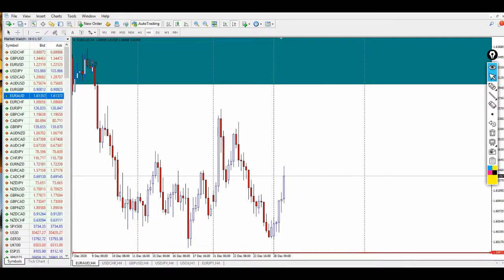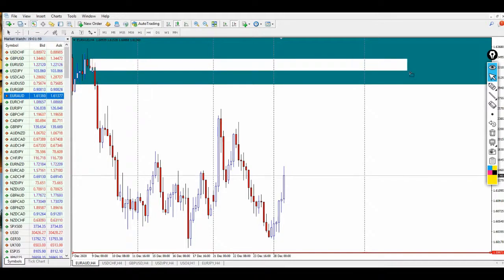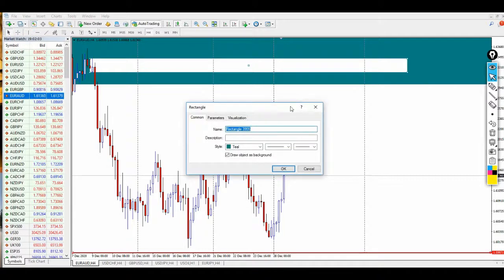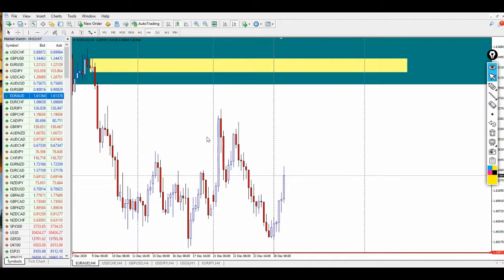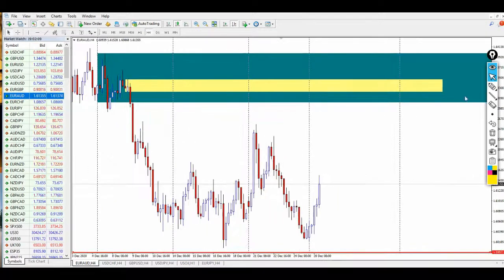So here there's an untested area of supply on the 4 hour. What I recommend as a set and forget is that you place your sell limit there and put your stop loss above it.